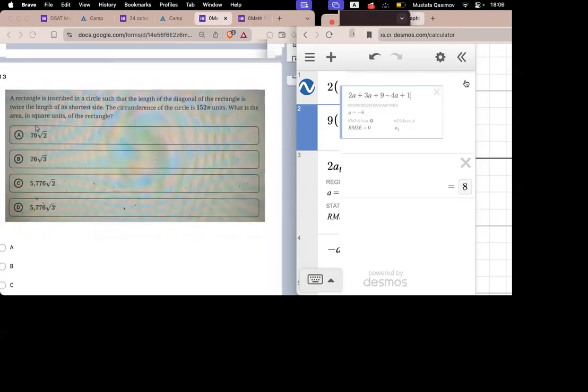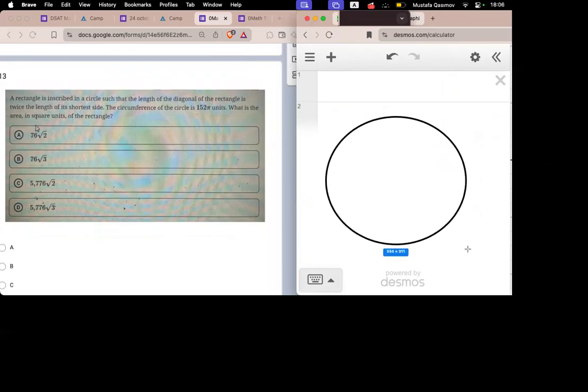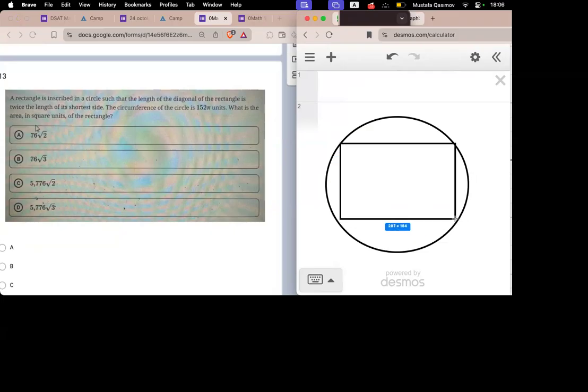Certain. We have a rectangle. We have a circle like that. And inside of this circle, we have a rectangle like that. Okay.